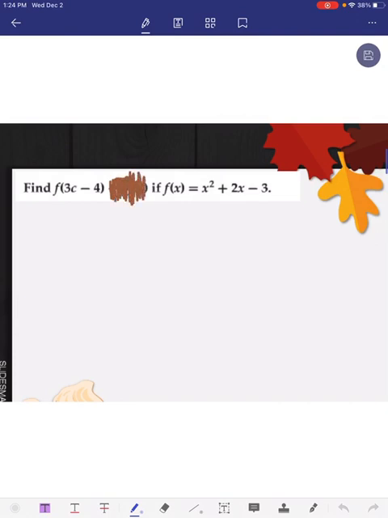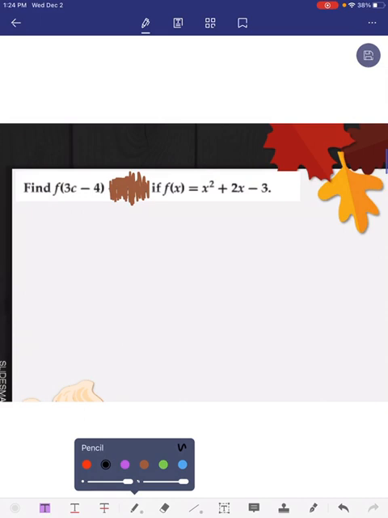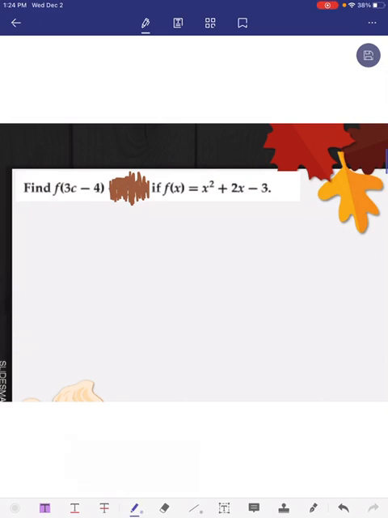I want us to get some practice before we start trying to combine things. So we're just going to find f of 3c minus 4. Now, to find f of 3c minus 4, it works pretty similar to what we did before, but this time instead of getting an actual number as our answer, we're going to have stuff that has c's in it.